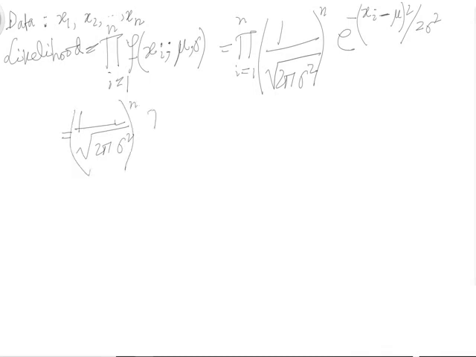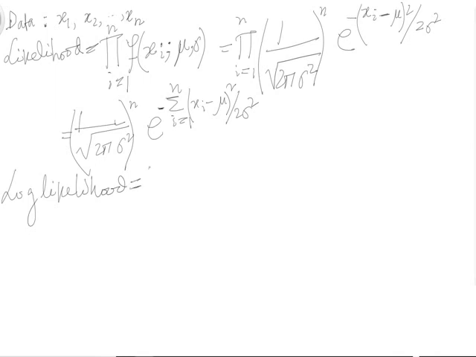And then substituting the value of the PDF f and simplifying the expression, this can be further simplified into terms involving summations instead of products, since we have an exponential over here, and we can express the likelihood as the exponential of the sum of the terms corresponding to each of the observations as shown.